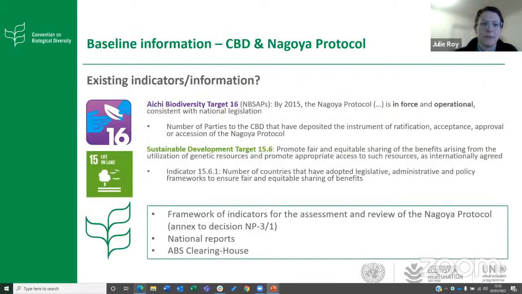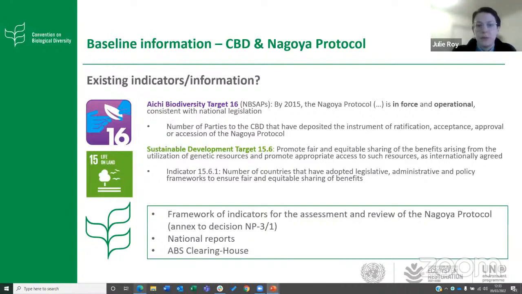Looking at information on ABS that we have available at the Secretariat, there were 2 existing indicators. We had Biodiversity Target 16, which really focused on the Nagoya Protocol itself being in force and operational. So the first indicator was on ratification, and the second one took up the indicator developed under the SDG process.